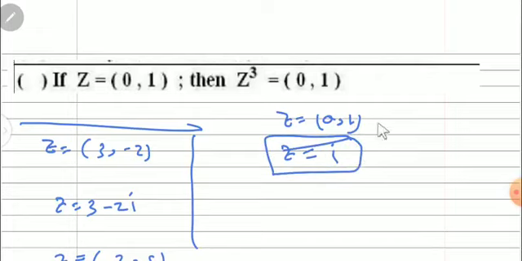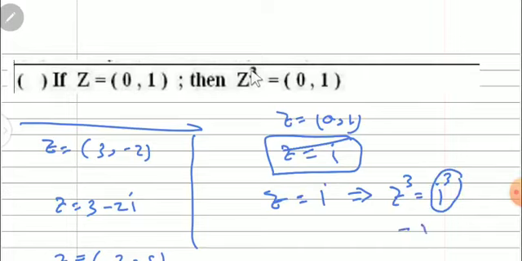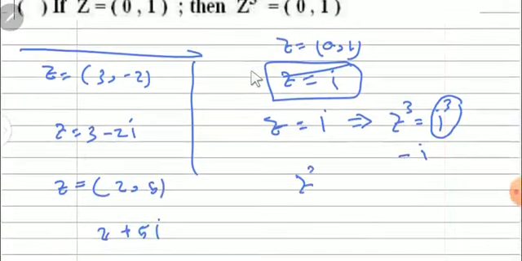Now he wants us to find z to the power 3, so because z equals i, that leads to z to the power 3 is i to the power 3. Now, we all know that i to the power 3 equals what? Negative i. Right? So now z to the power 3 equals negative i.